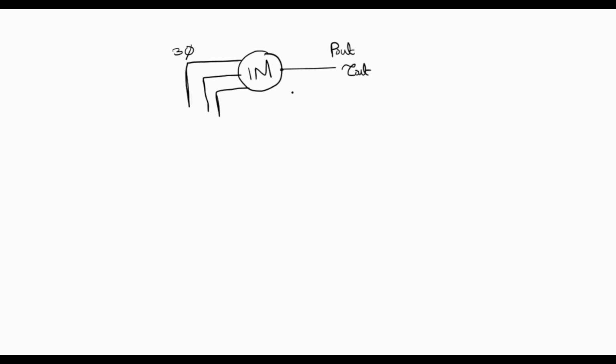So this is an example of a system which converts electrical energy into mechanical energy, which is then used to drive a shaft of a generator in order to produce electrical power.